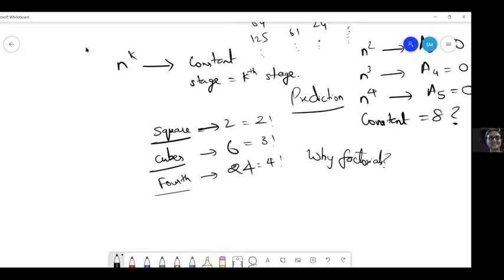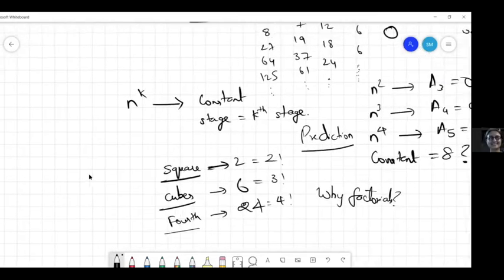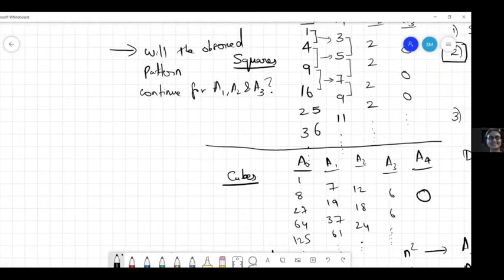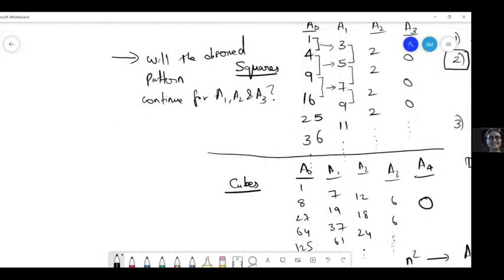Actually, each term of Pascal's triangle has something to do with factorials, but not directly like this. It gives you the expansion of the binomial expression.